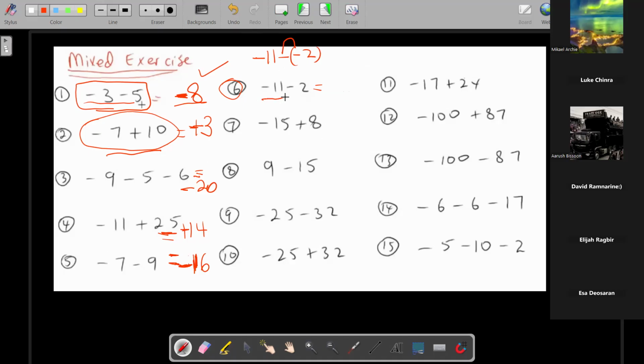This is -11 subtract 2 or -11 minus 2. Yes, so nice. Be careful, go ahead. So -11 plus -2 is equal to -13. Alright, same sign, same sign. Good work. David, number 7.